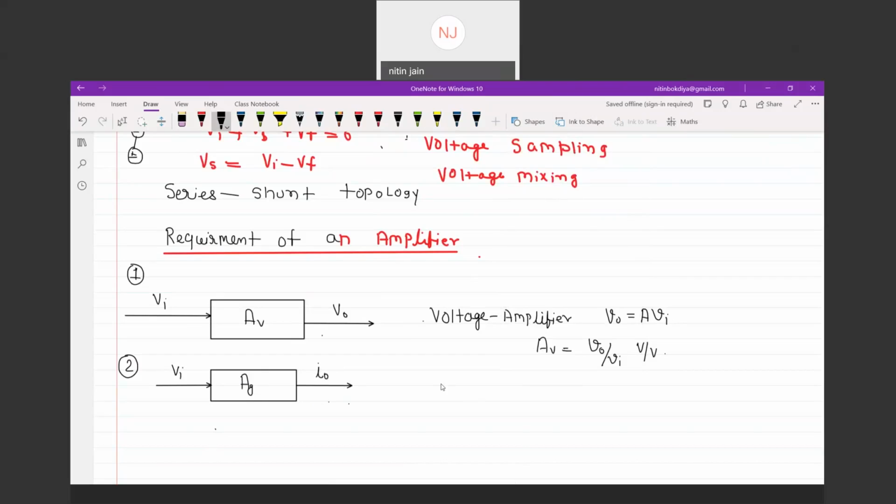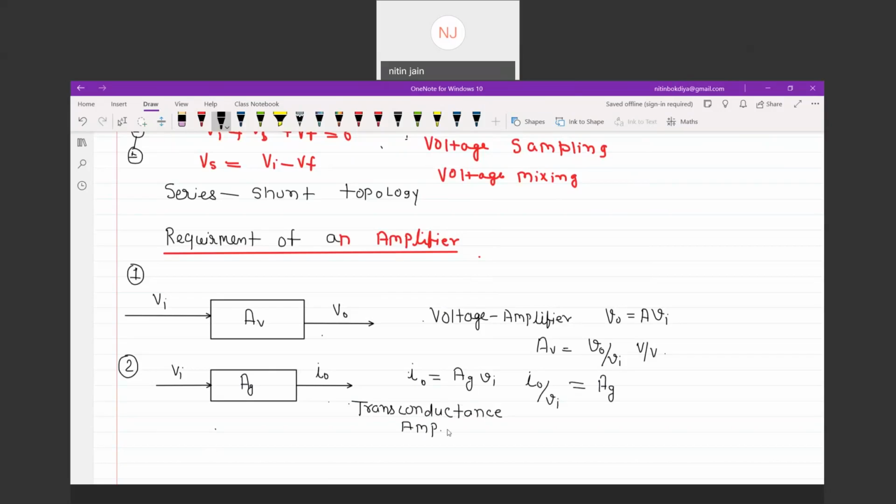Iout can be written as AG times Vi, so Iout by Vi is equivalent to AG, and this is a transconductance amplifier.